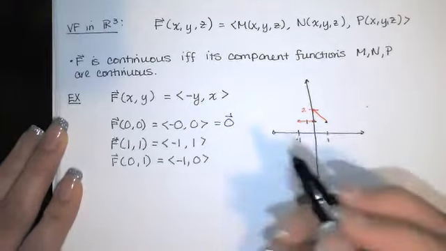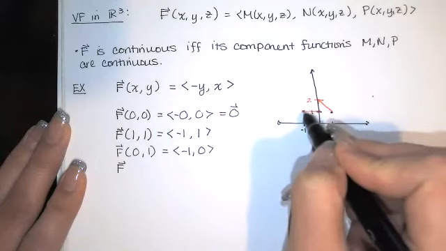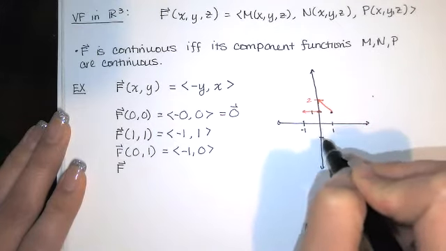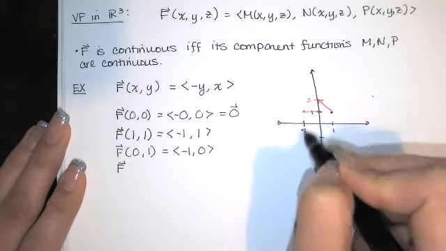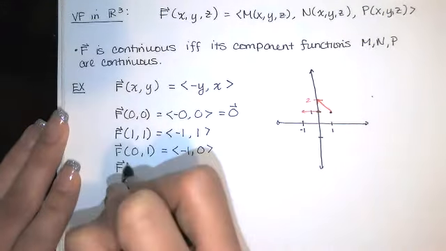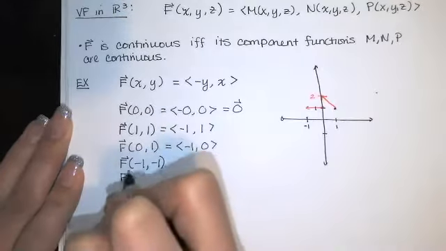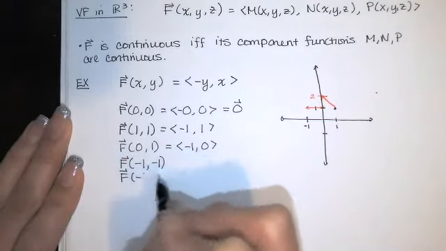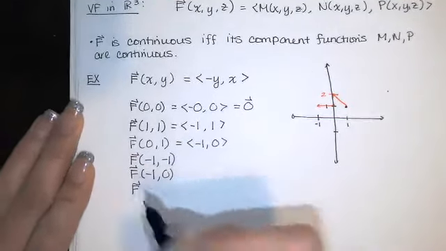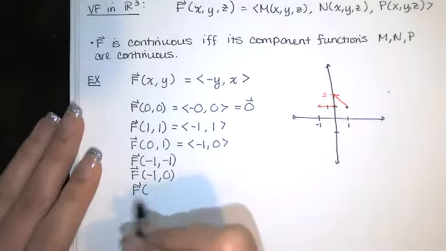You could do this for different points. I'm just going to do a few more. I think I'm just going to go sort of around this little 2 by 2 square that's centered at the origin. So let's go to -1, -1, and -1, 0, and oops, I guess I wanted -1, +1.